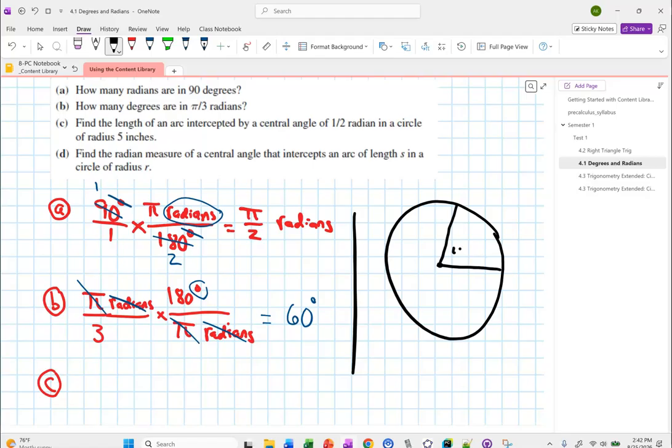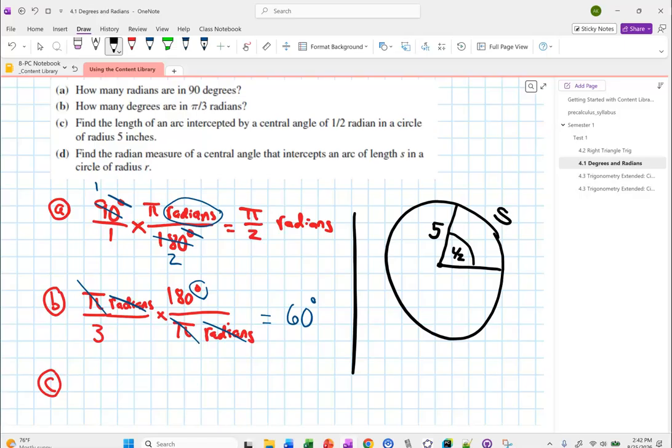Here's my central angle. Here's its angle measure of 1/2 radian. And it says its radius is 5. And I'm going to call that arc S. That's the traditional letter we use to represent an arc length. You could call it X though, it's fine, whatever.